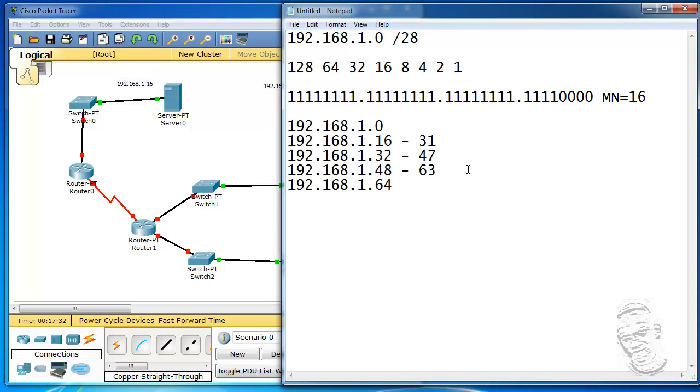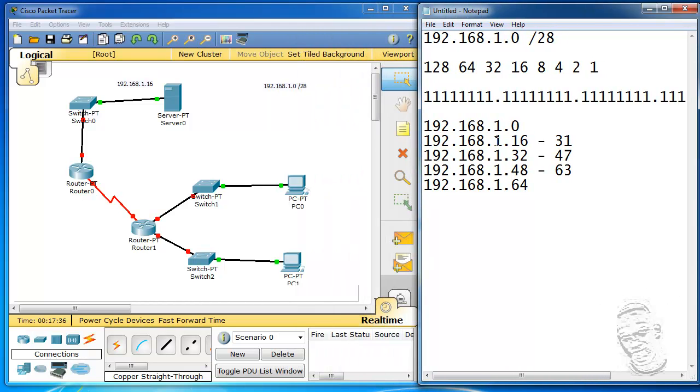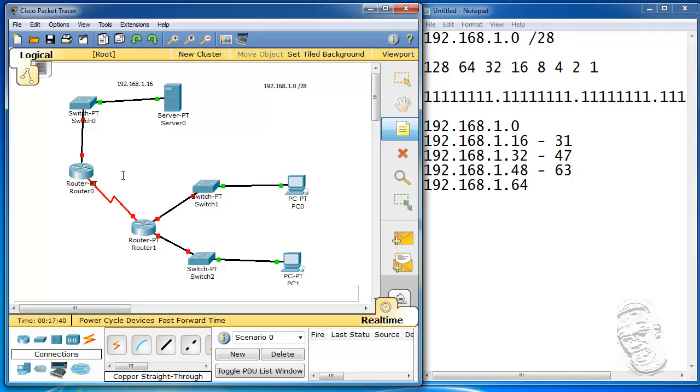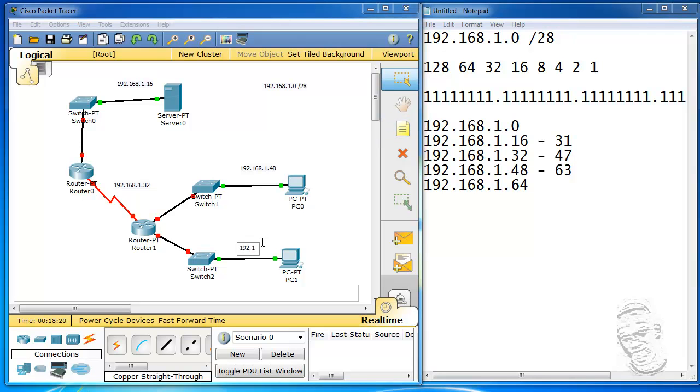The network in between the routers would be the 32 network, 192.168.1.32, and this particular network here would be the 48 network, 192.168.1.48, and the network here on this side would be the 64 network, 192.168.1.64.